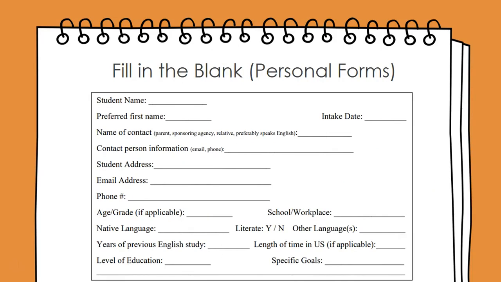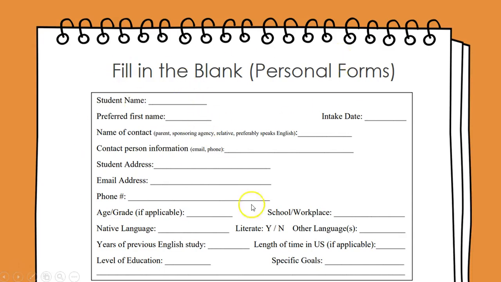Good. Now here are some longer personal forms for fill in the blank. So student name, it's important to know your name, how your teacher can get in contact with you. And then here are just some other pieces of information that are usually helpful for your English program to know.